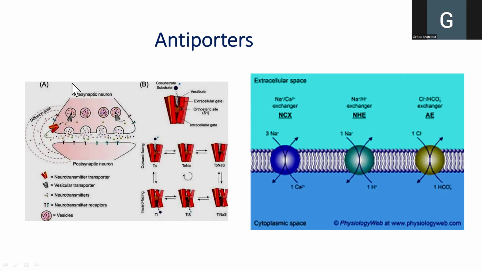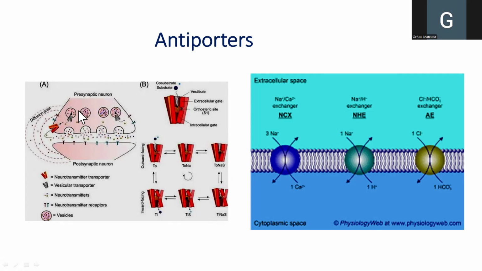The place where the synaptic knob of one nerve ending comes very close to the synaptic knob of another nerve ending, we call the synapse. So we have two synaptic knobs, a synaptic cleft, and this whole area is called the synapse.